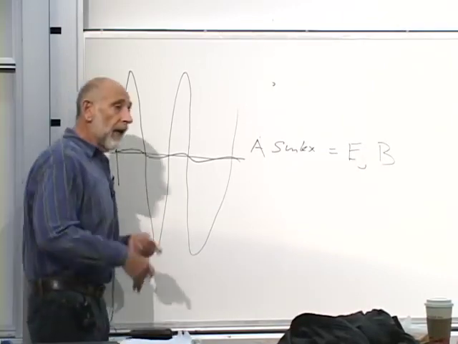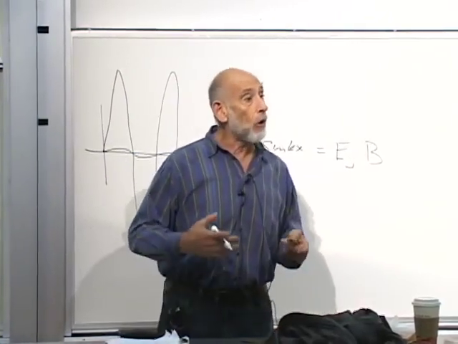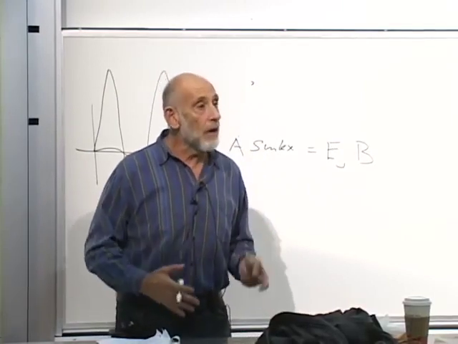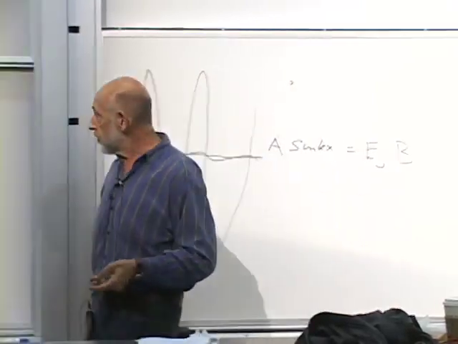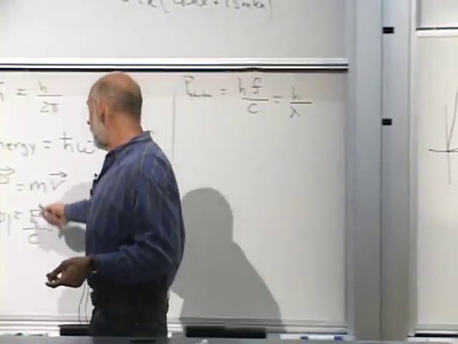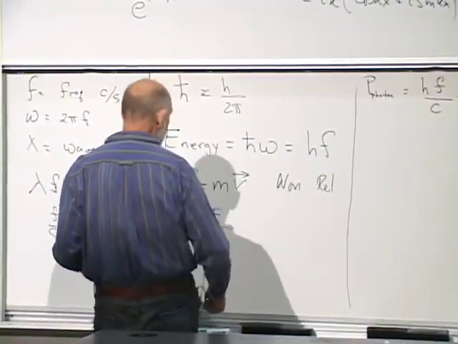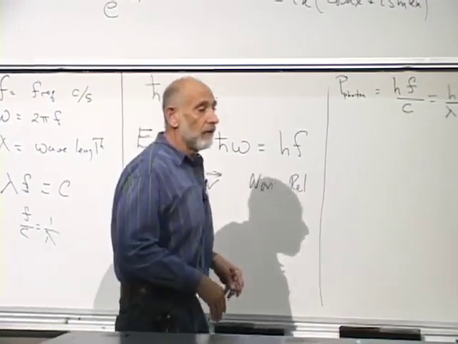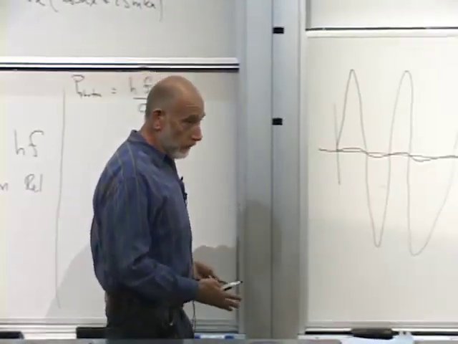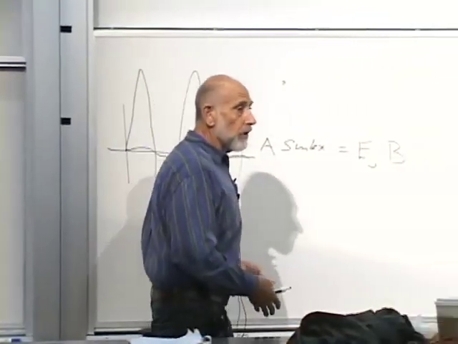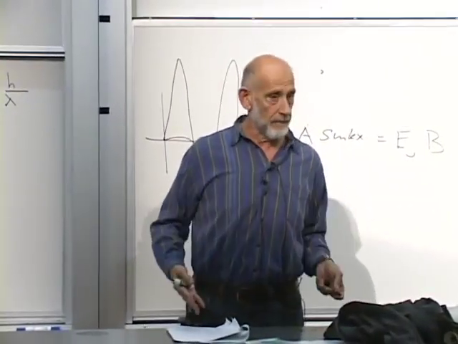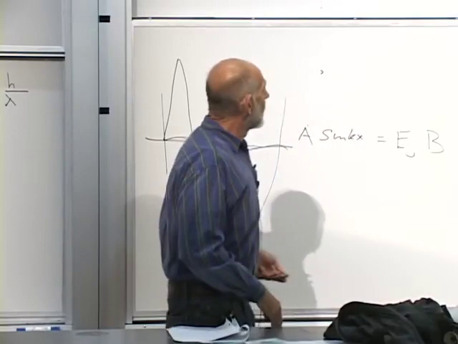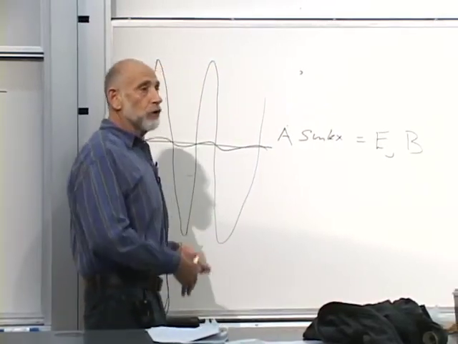Now, the energy of the wave is also proportional to the number of photons in that wave. So here I've described for you some features of a single photon, but a wave of light consists of many photons. Let's suppose the number of photons in some wave of light is n. Then the energy is proportional to n.